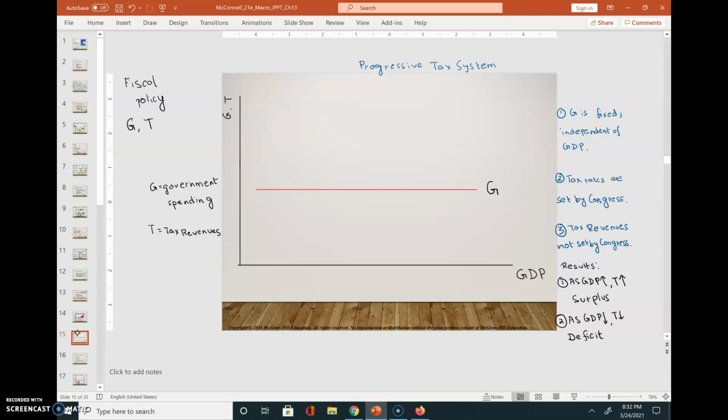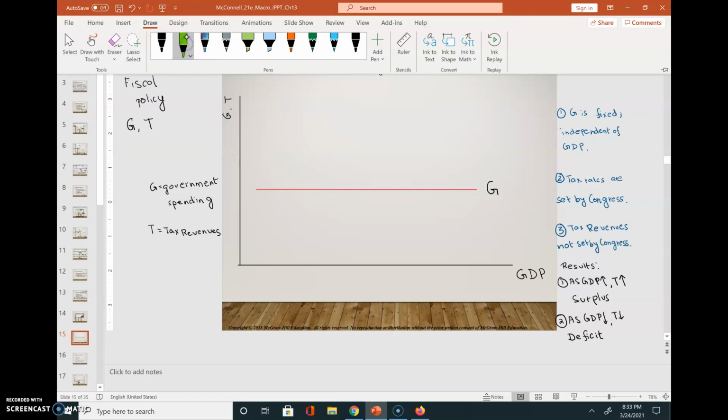However, the government expenses, as you can see here, are fixed. It's not really changing at all. The tax rates are set by Congress. However, the tax revenues are not set by Congress.